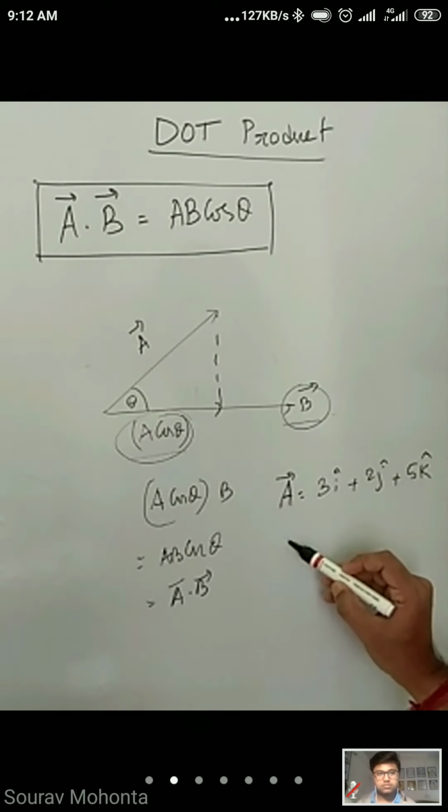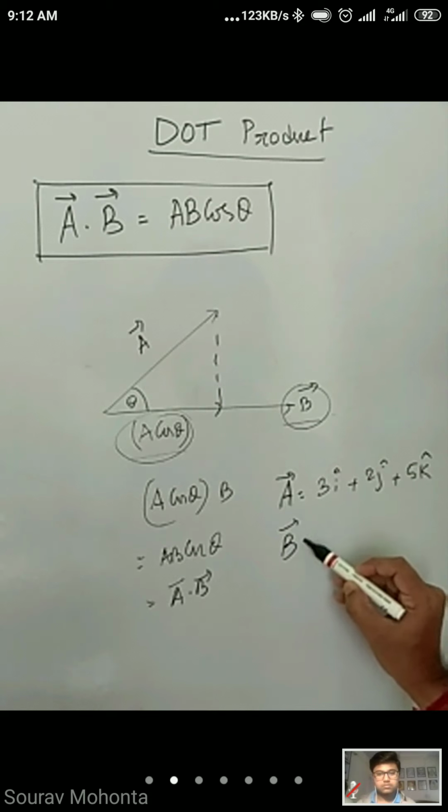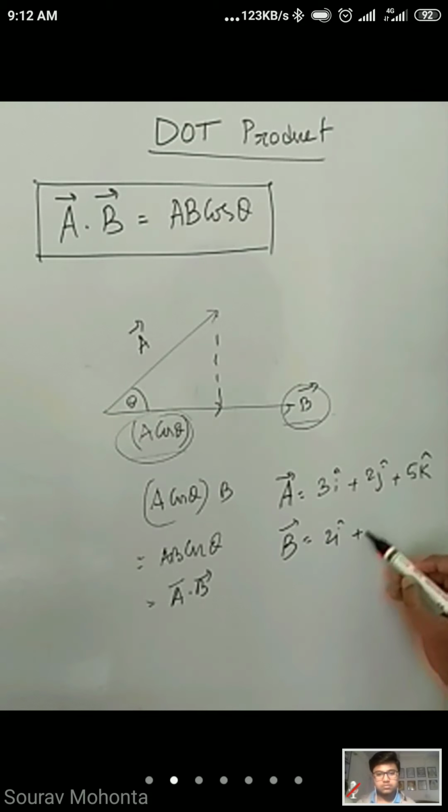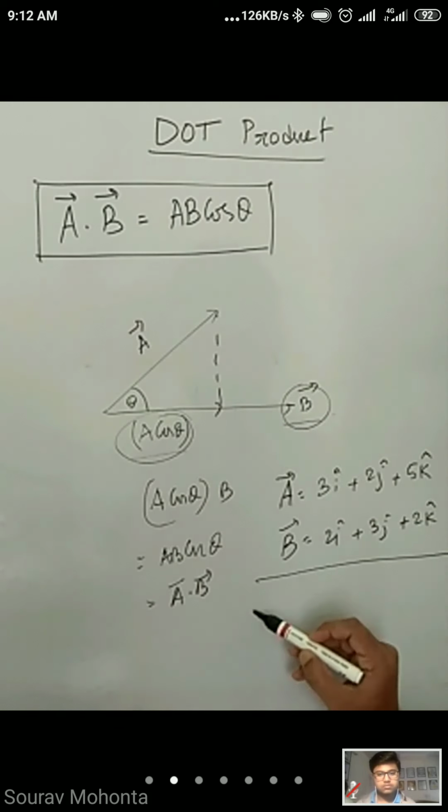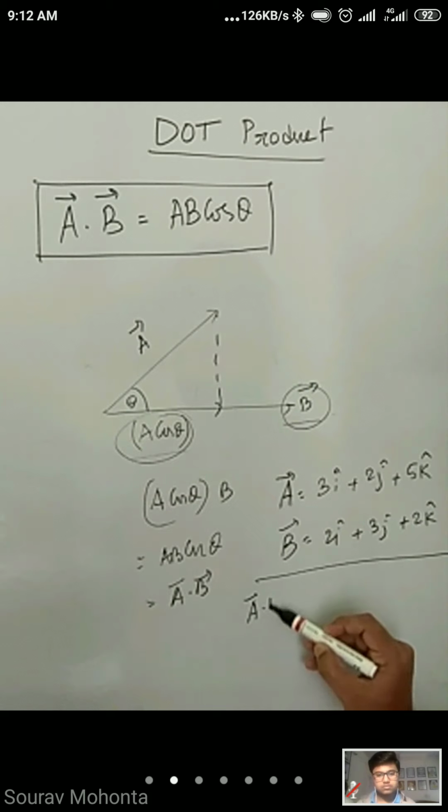Now another vector, suppose B vector is also given, 2i cap plus 3j cap plus 2k cap. Now if you want to multiply them, A dot B, what will be the answer?